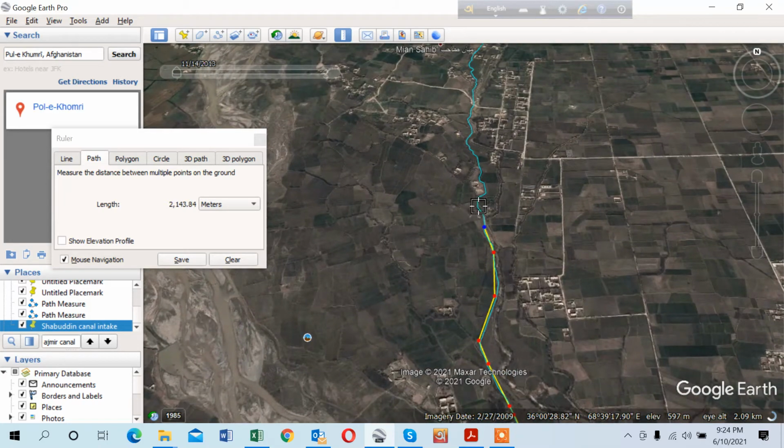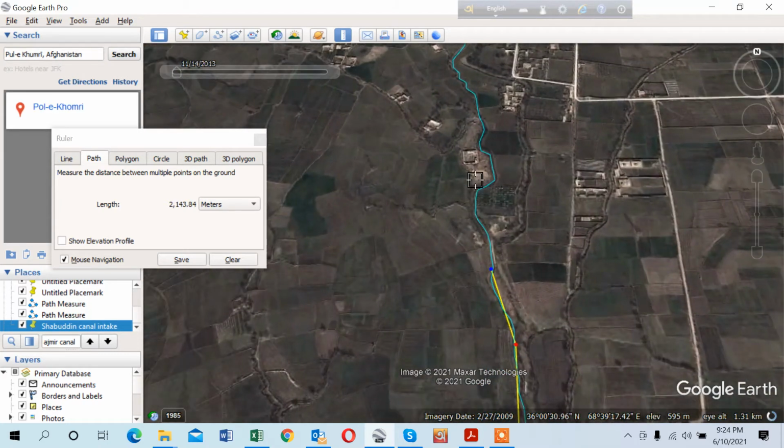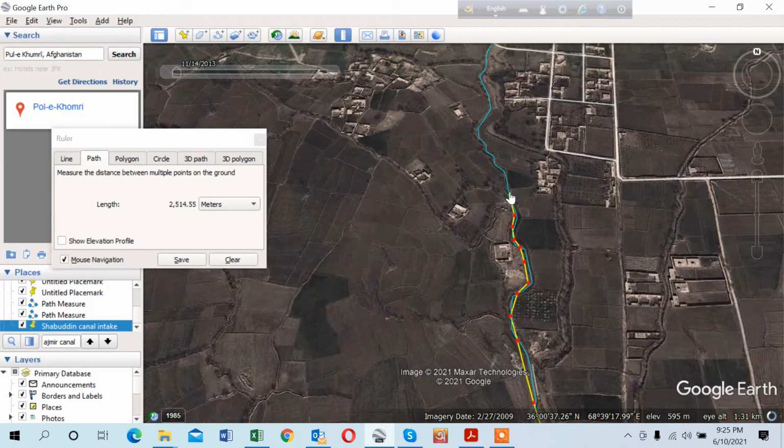And you can see that the houses are there, and our canal is passing just in between the houses, so it is not crossing the houses. So this is one of the features that you have to know: in Google map you will see the houses, you will see the road, so you can plan your irrigation system accordingly.